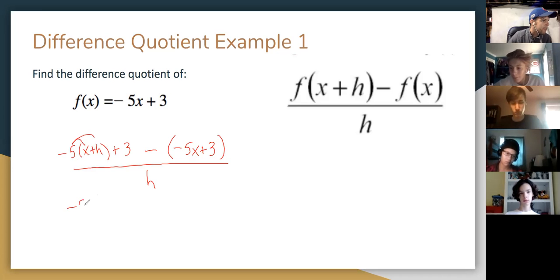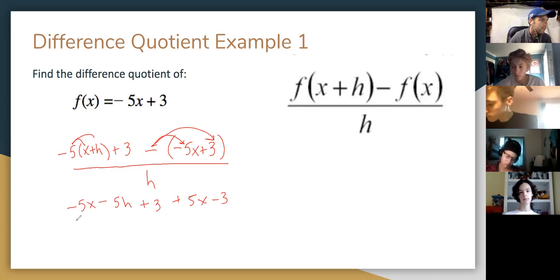Okay, so we get negative 5x minus 5h plus 3. Over here, with this subtracting this whole thing, I'm going to distribute this negative on the outside. So we end up with plus 5x minus 3, all that being divided by h.